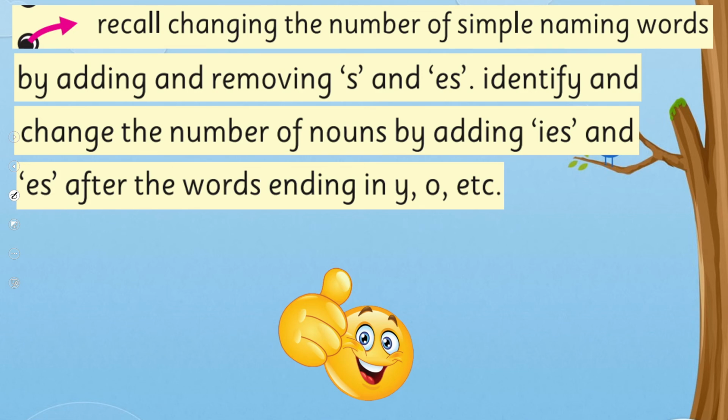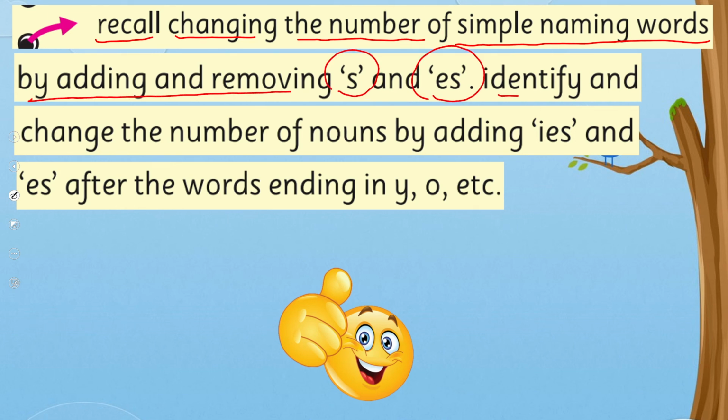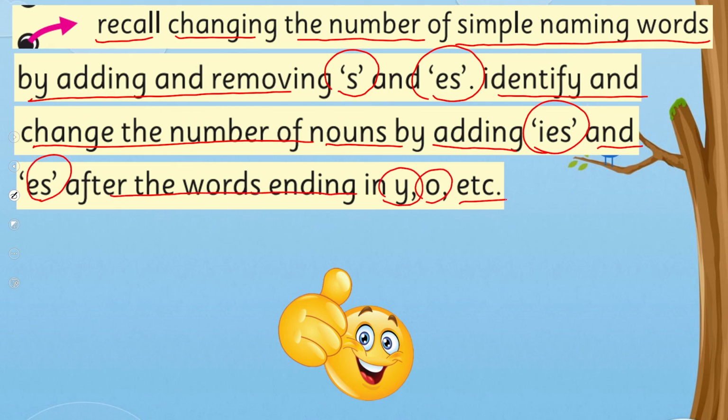So in this way, we achieved our SLOs to recall changing the number of simple naming words by adding and removing S or ES, and identify and change the number of nouns by adding IES and ES after the words ending in Y or O and so on. Are we done with it?